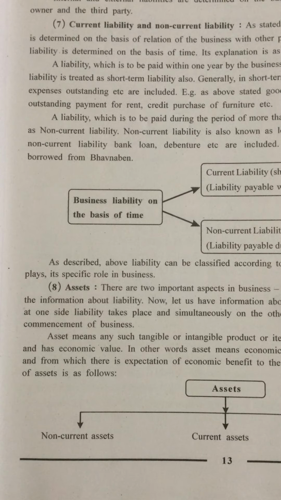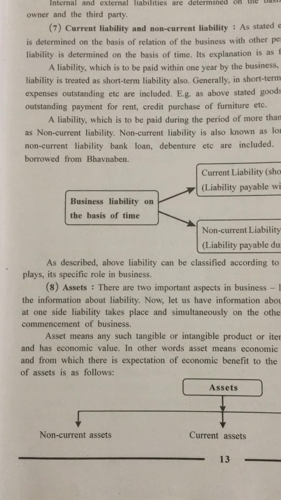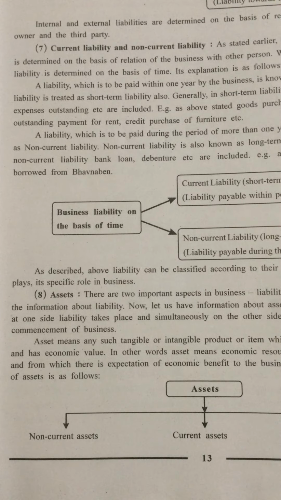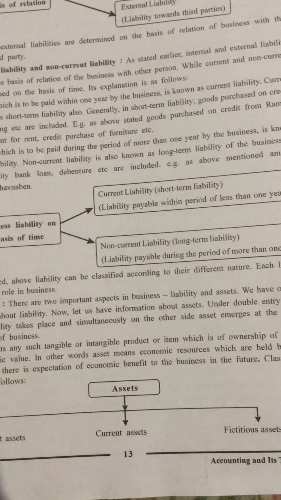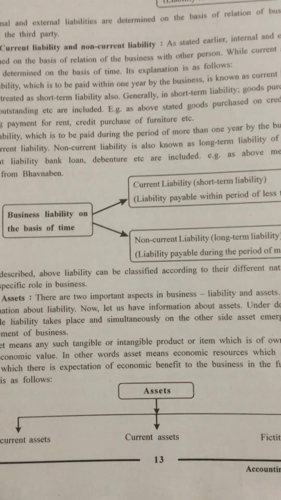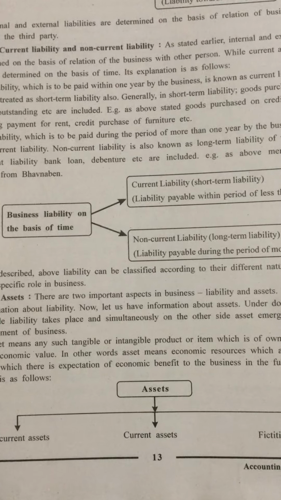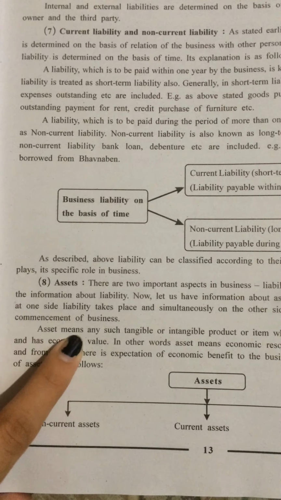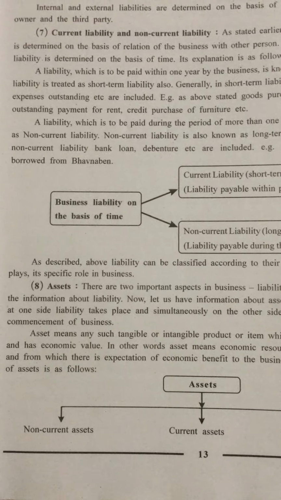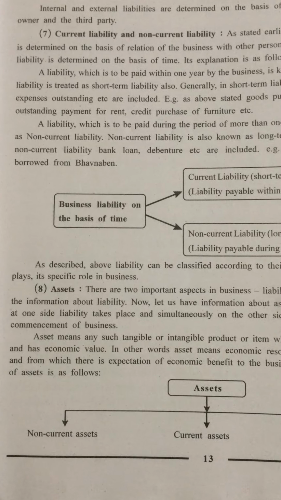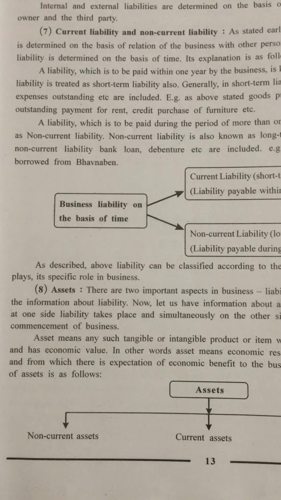One side is liability and the second is assets, and the assets column starts as soon as the business commences. Whenever business starts, assets have to be invested.